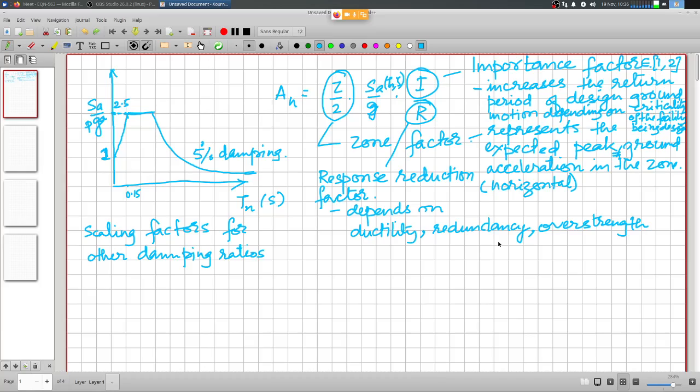You estimate a demand. For example, your design calculation for a particular flexural resistance requires a certain amount of reinforcing steel.